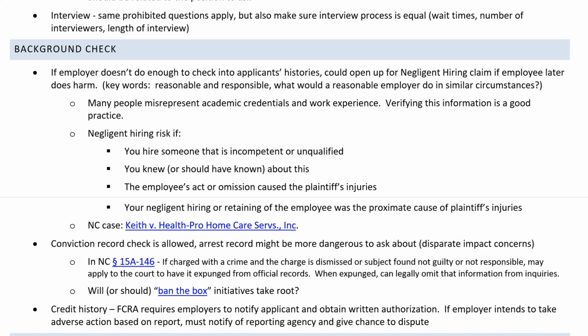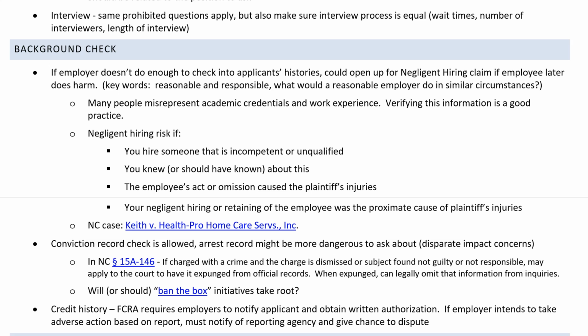Some people think, and this is not any kind of law yet, this is just something people are playing around with on an ideological level, should we ban the box, saying that we don't have that question on the application and we can ask about it later on? That would at least give a person time to come in and meet and speak to a real person, get to know them, and allow them time to explain their history rather than just seeing the check mark on an application and immediately filtering them out.